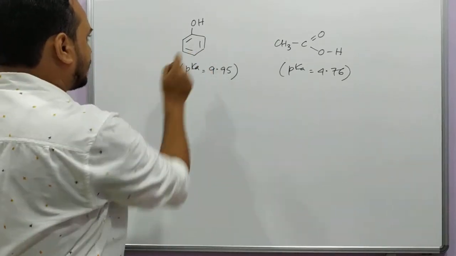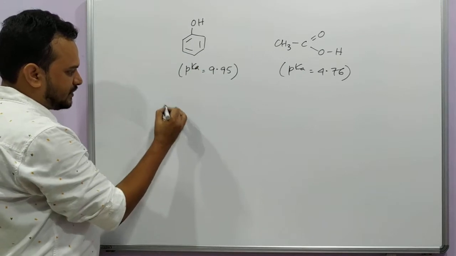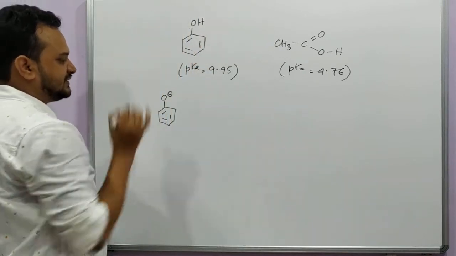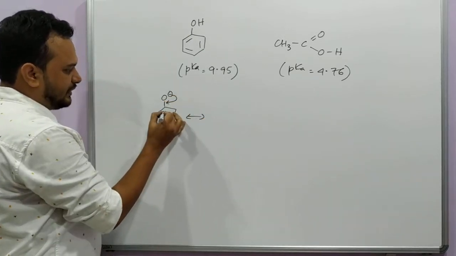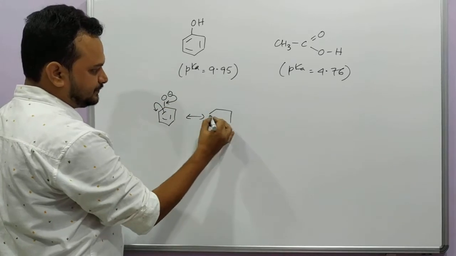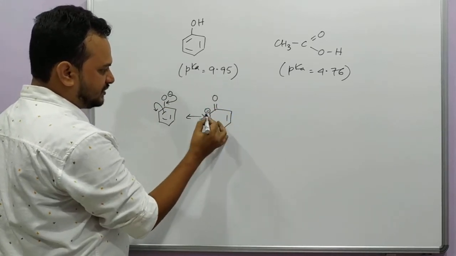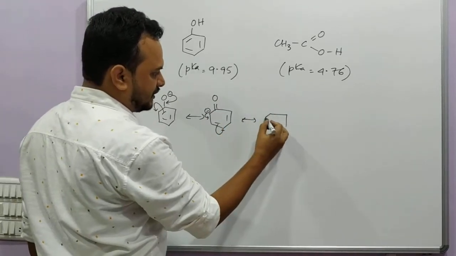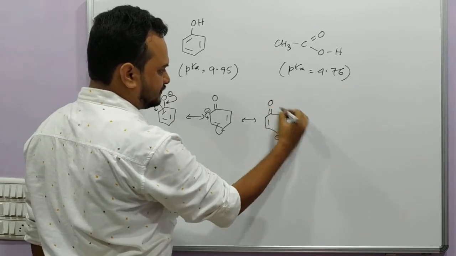If you take the conjugate base of phenol, it is phenoxide, O minus, because this OH bond is the polar bond, this hydrogen is the acidic hydrogen. Now if you see the resonance of this phenoxide ion, it will look like this. Here you have the minus charge, and then it continues in conjugation, you get this one.